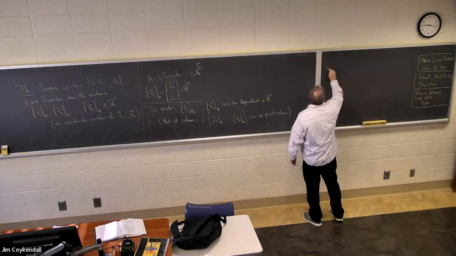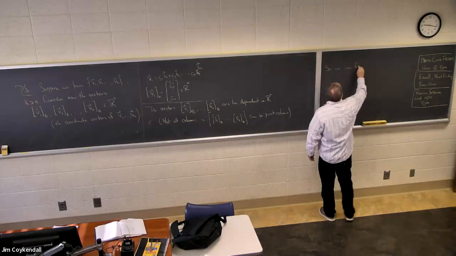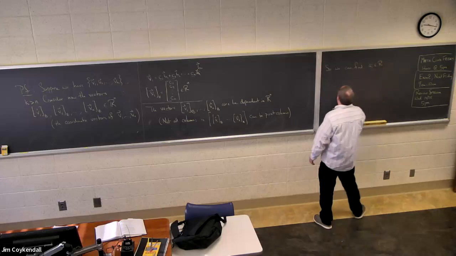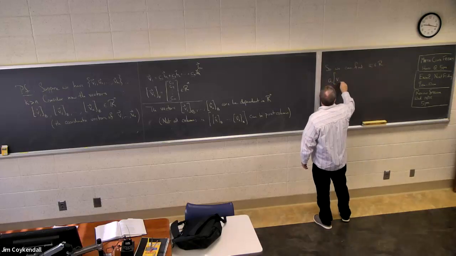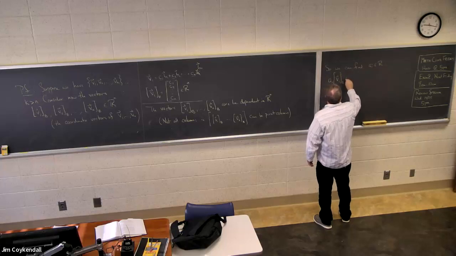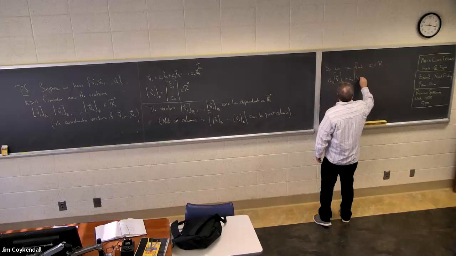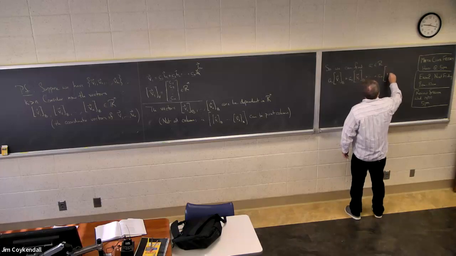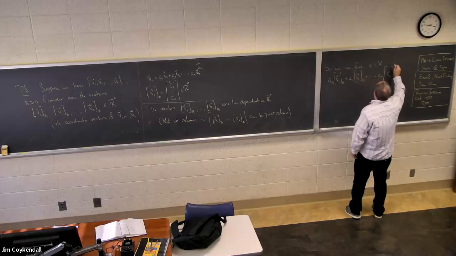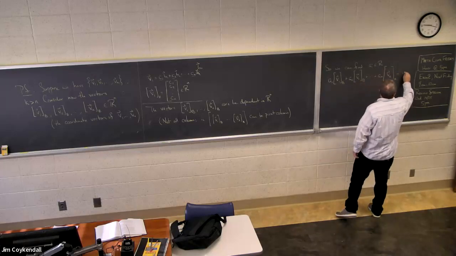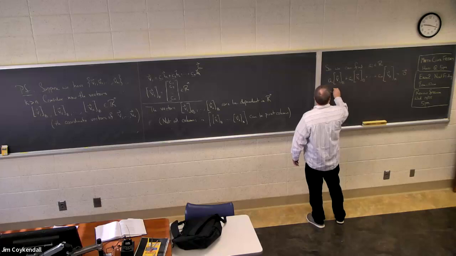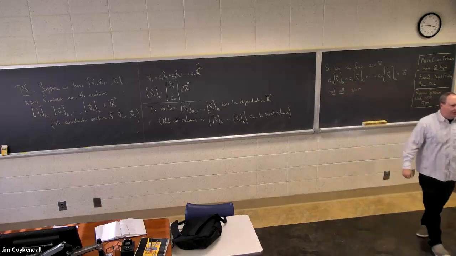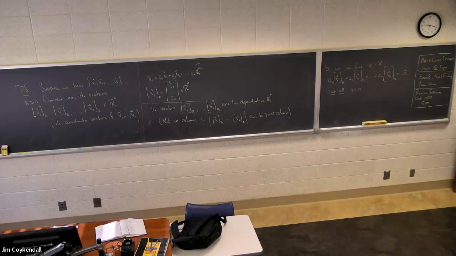So we can find a bunch of numbers with a1 b1 plus a2 b2 plus up to ak bk equals 0, with not all of the a's zero, because these vectors, and these are vectors in Rn, are linearly dependent.